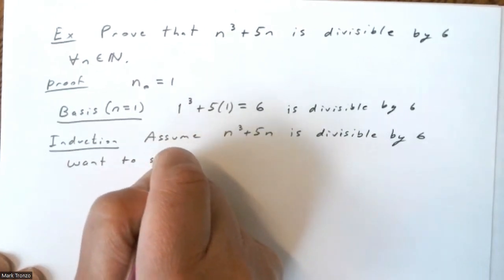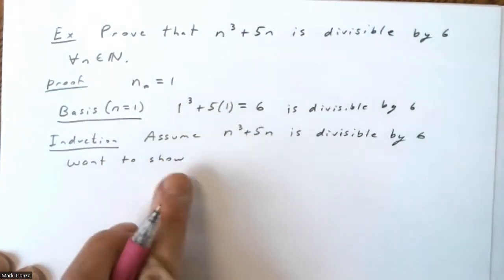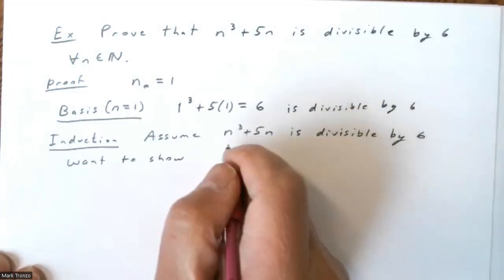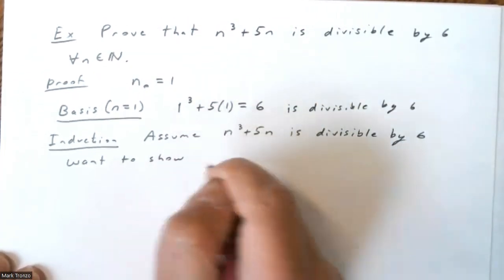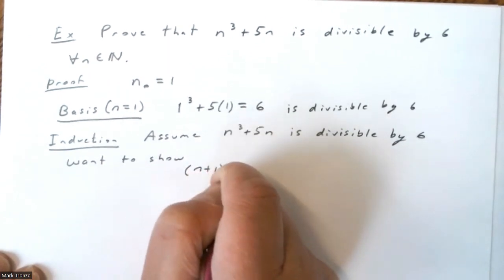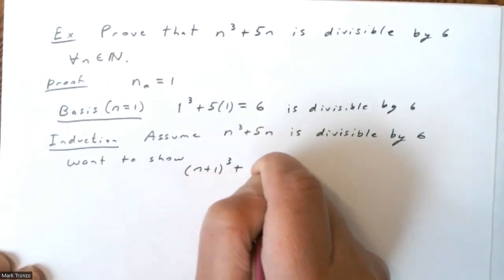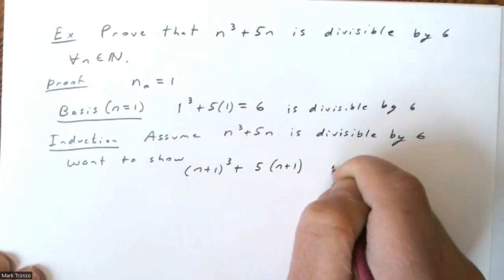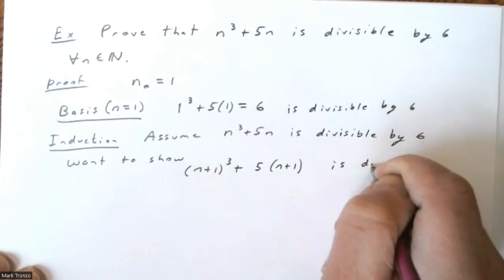We want to show that n plus 1 is divisible by 6. We replace everything we have here with n plus 1 cubed plus 5 times n plus 1 is divisible by 6.